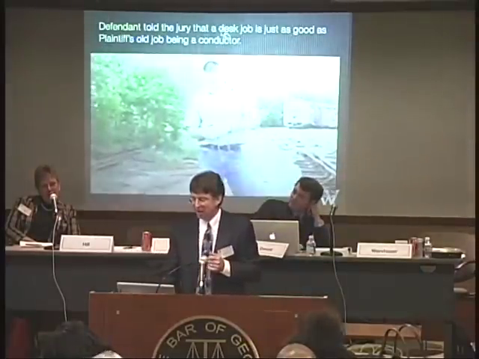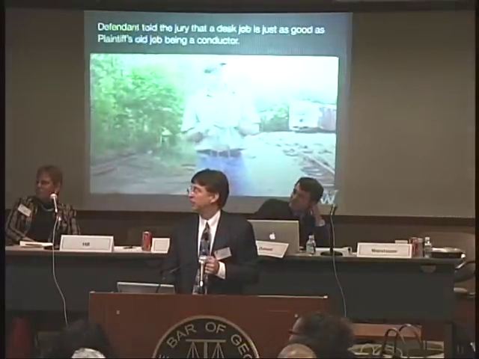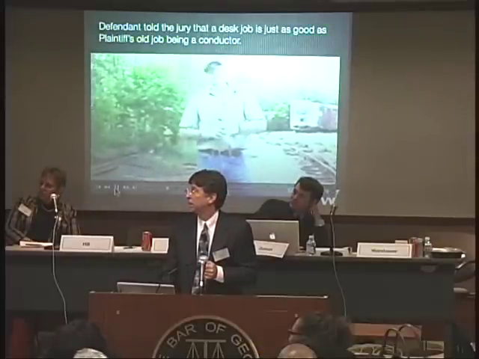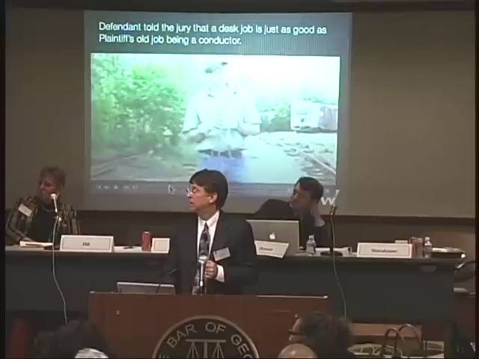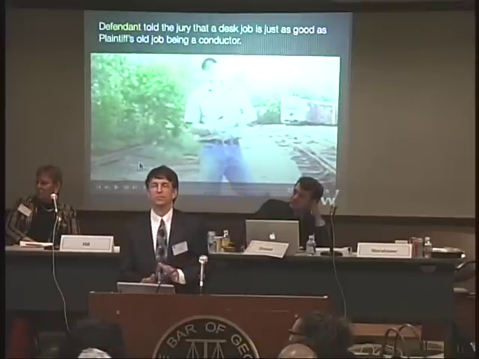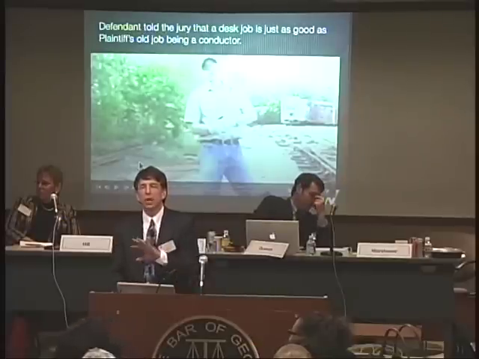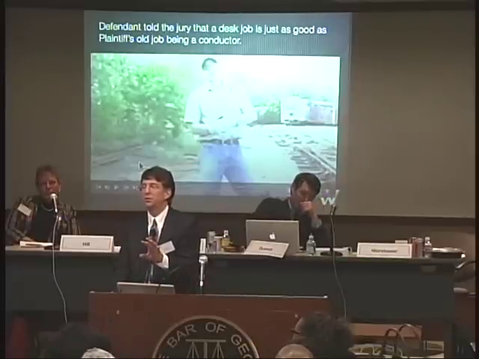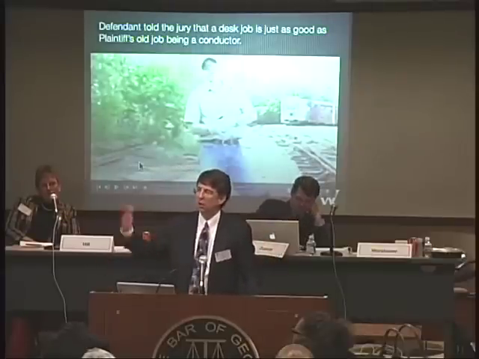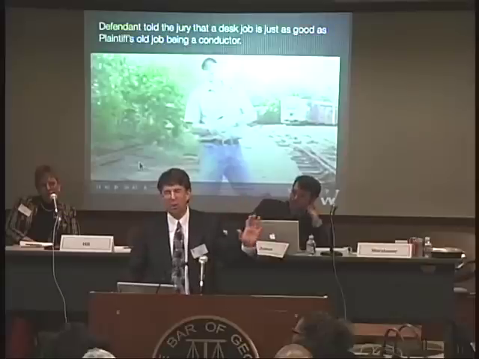In this case, the question is this. Well, go back. You can use this for a variety of things. They will tell you, anytime you have a catastrophically injured person, whether it's a railroad man or any kind of injury, your vocational rehab person says, you know, they can't work again.